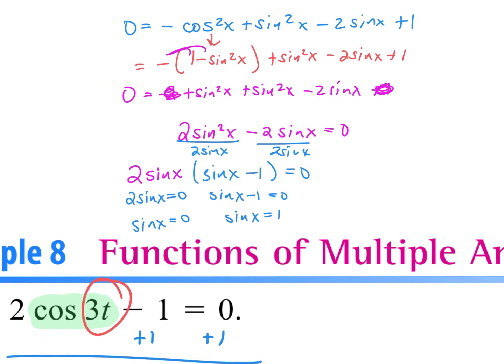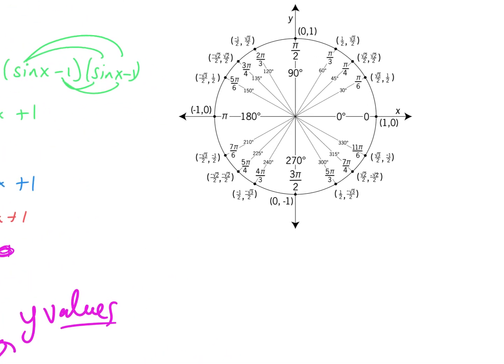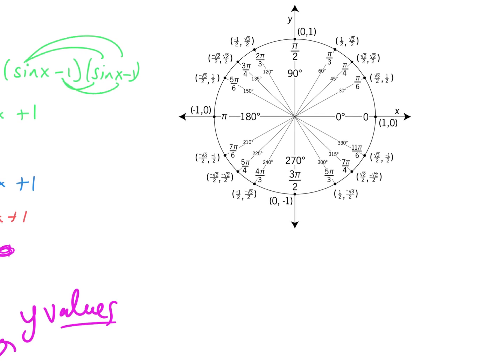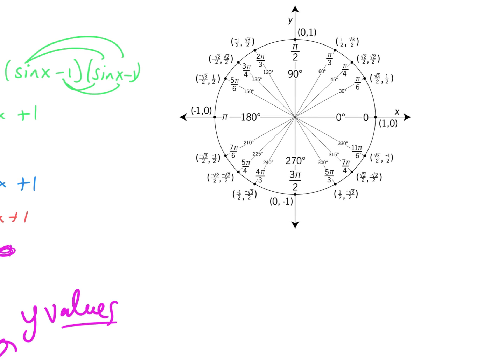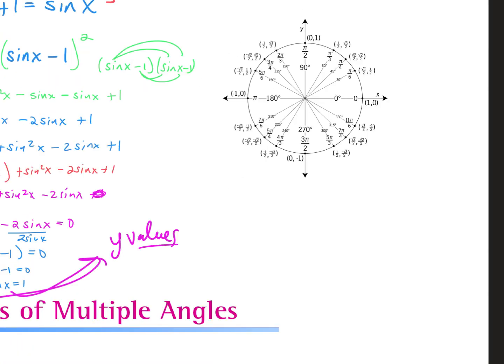So again, we have not answered the question yet. What am I looking for on my unit circle? What values? The y's. I'm looking on my unit circle for the y values of 0 and positive 1. Where are my y values 0? Okay, sorry.